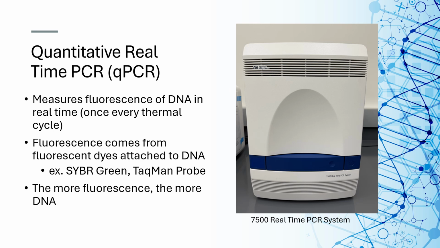The fluorescence comes from fluorescent dyes that we attach to the DNA. Some examples of these dyes include SYBR Green and the TaqMan probe. We're going to discuss the TaqMan probe because that's usually what we use in our labs. There is a direct correlation between the amount of fluorescence in a sample and the amount of DNA in a sample, which makes sense because more DNA means more of the fluorescent probes can attach to the strands and thus fluoresce.